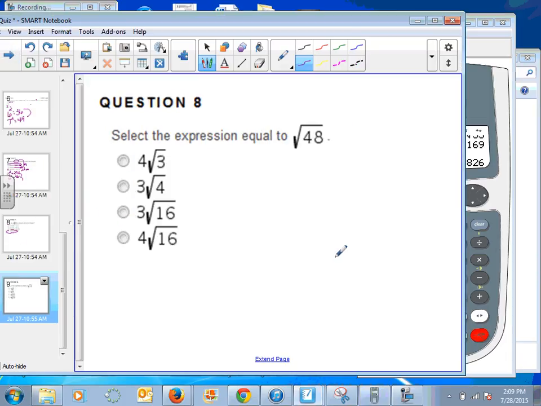And one last one: expression equal to the square root of 48. The square root of 48 is equal to the square root of 16 times the square root of 3. I can't do much with the square root of 3, so I'm going to circle that. But we know the square root of 16 is 4, so you end up with 4 radical 3.